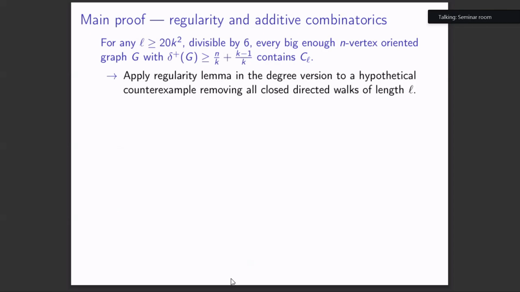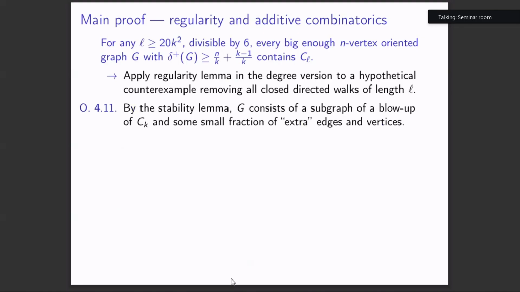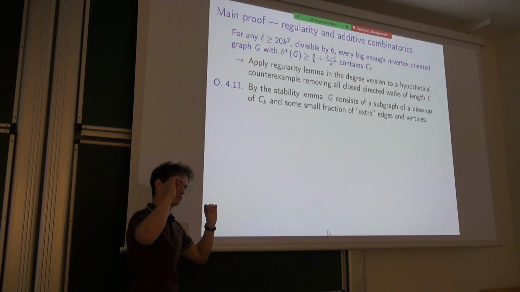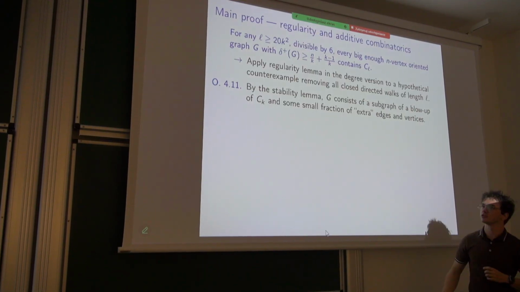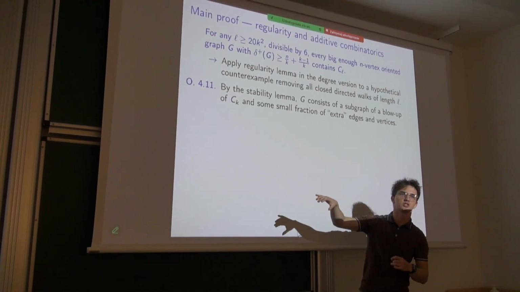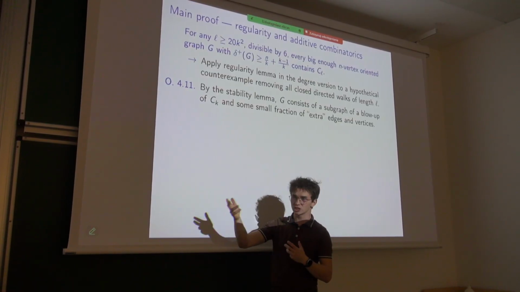This would allow us to use the stability lemma and get structure in the graph. We would then go back, adding back the vertices and edges carefully, such that we would put the vertices in the hypothetical set of unused vertices called trash.